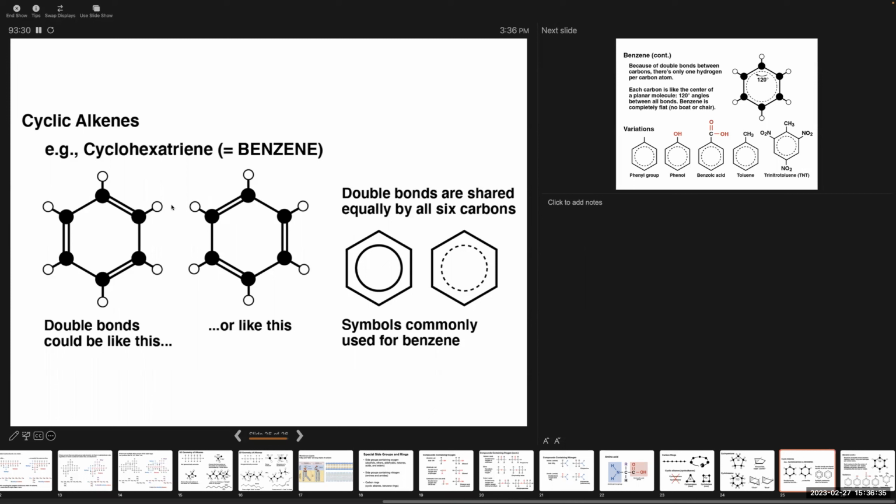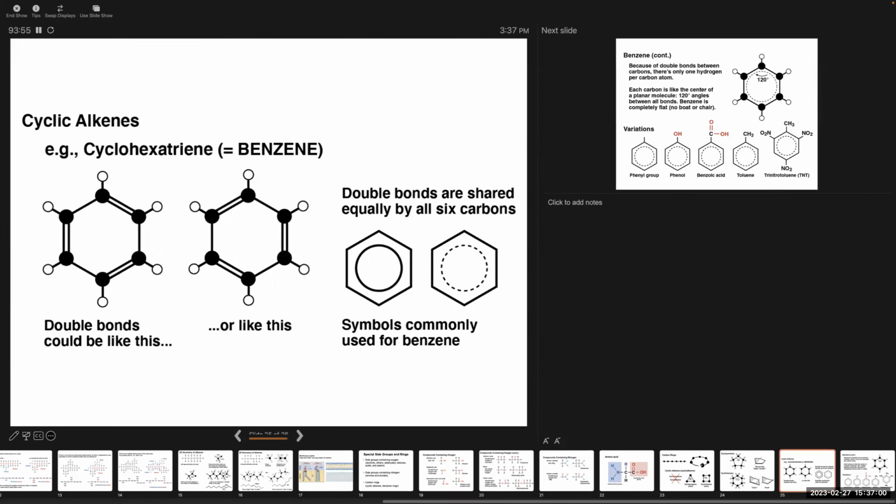Like for 1 nanosecond, it would look like this on the left, and then the next nanosecond, it would jump to the configuration on the right, and then it would bounce back to the left and then back to the right, cycling back and forth between the 2 configurations many, many times every millisecond. It turns out that's not exactly true.